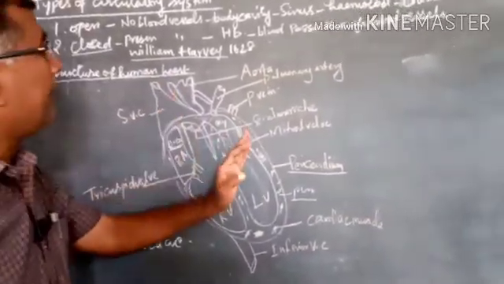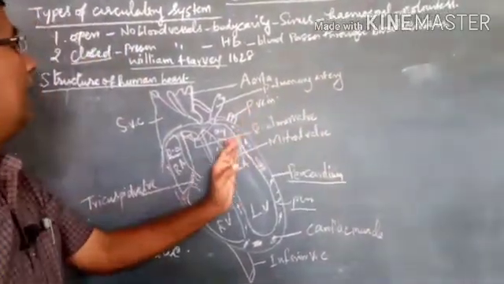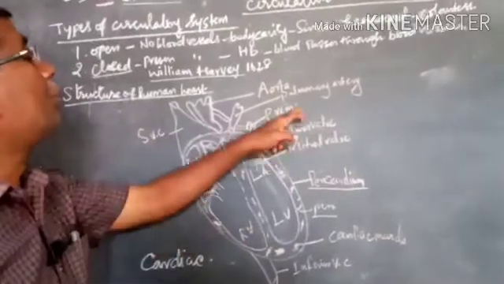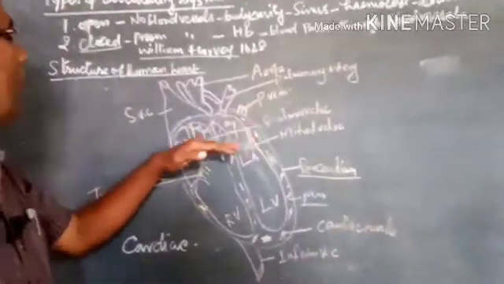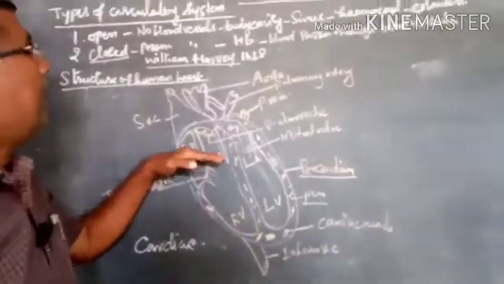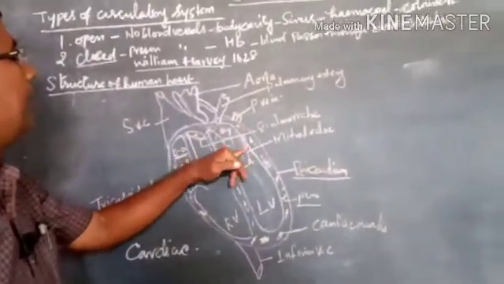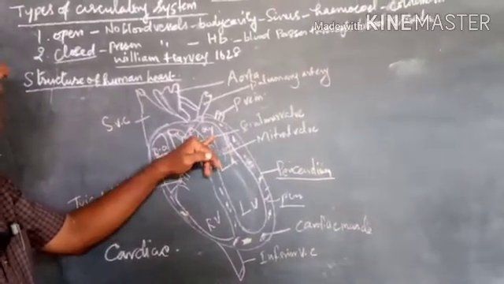At the same time, the oxygenated blood from the lungs comes to the left atrium through the pulmonary veins. Now the right auricle is filled with deoxygenated blood, and at the same time the left auricle is filled with oxygenated blood.